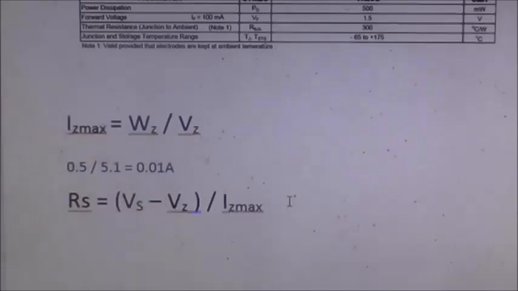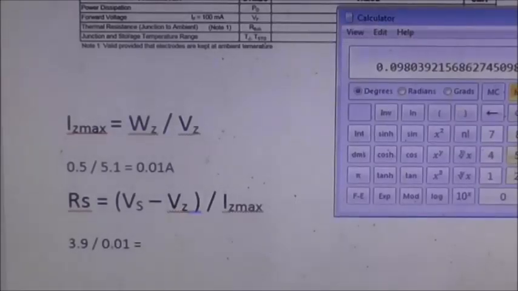VS minus VZ is, of course, the supply voltage minus the output voltage from the Zener diode, and we know the supply voltage is 9, and we know that the output is 5.1, so we get 3.9. 3.9 over 0.1, equals 3.9 over 0.01, 390.